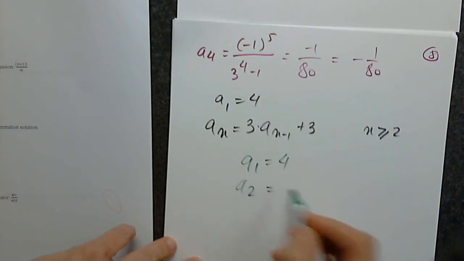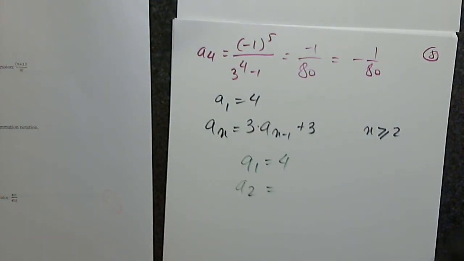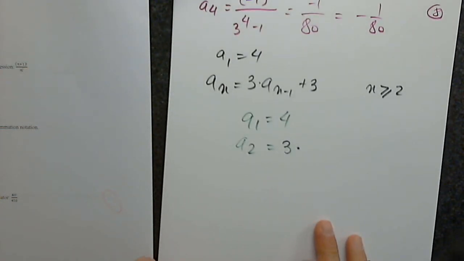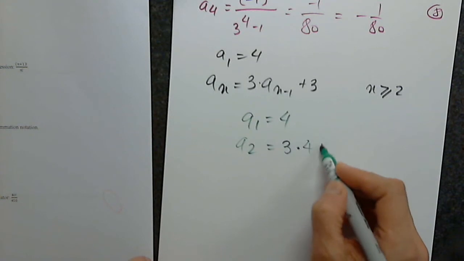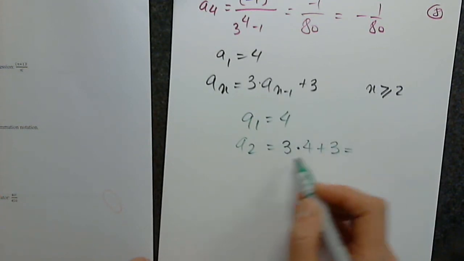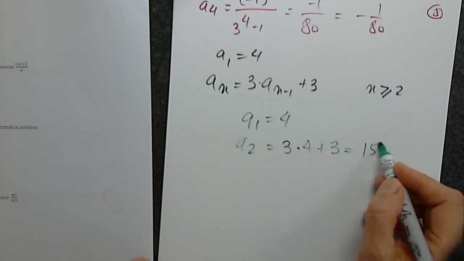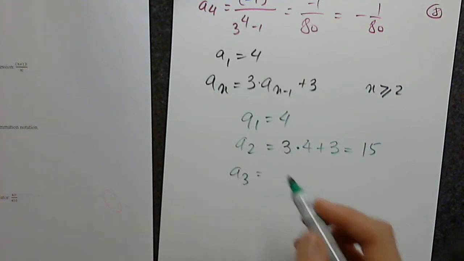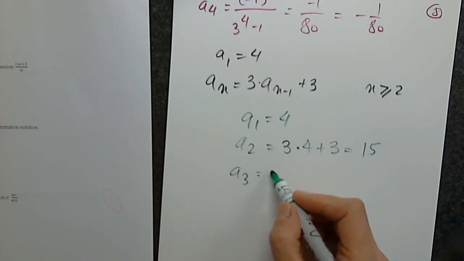So now we have to determine A2, which will be 3 multiplied by 4 plus 3. So this is 12 plus 3, which is 15. A3, what will A3 be? Do we understand this, everyone?